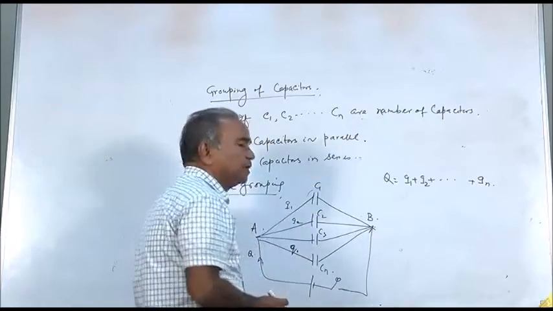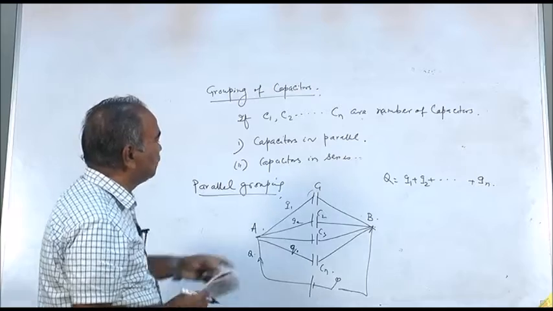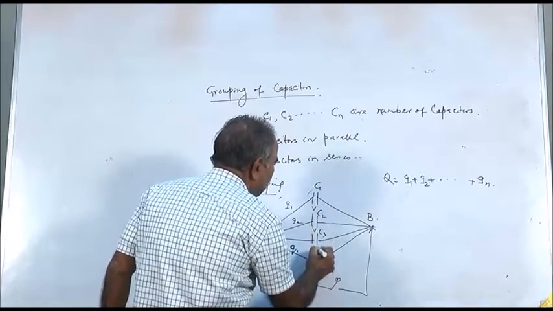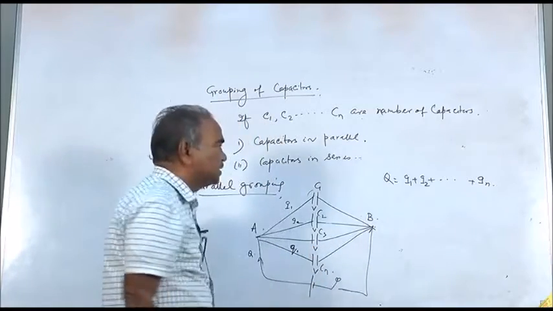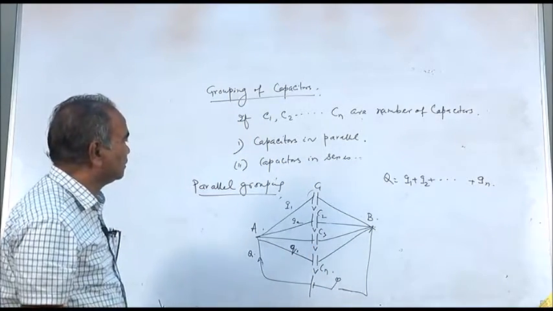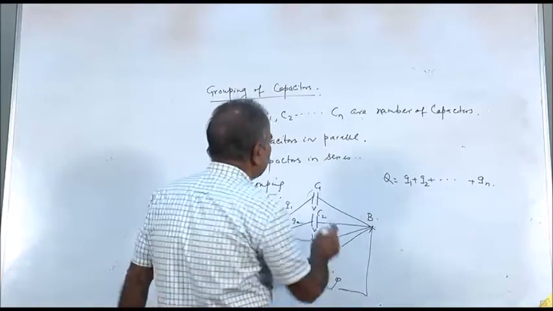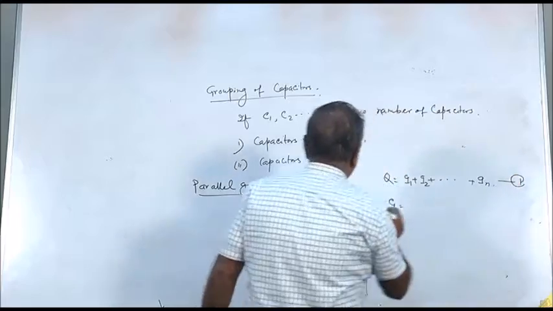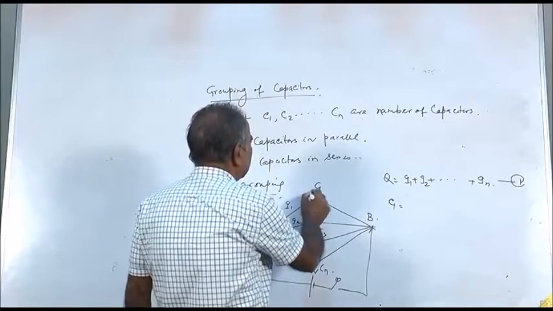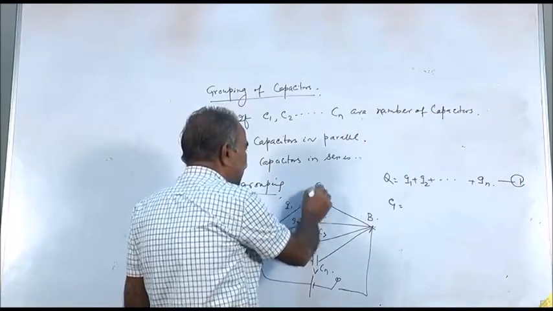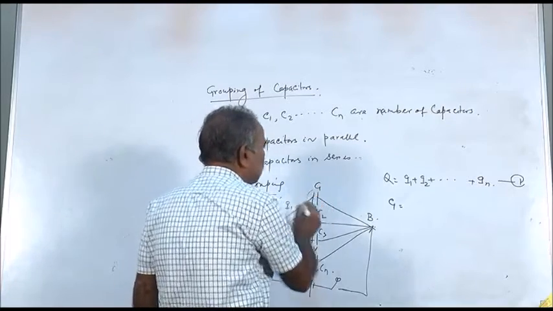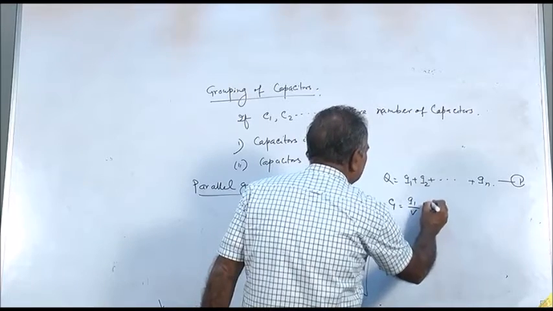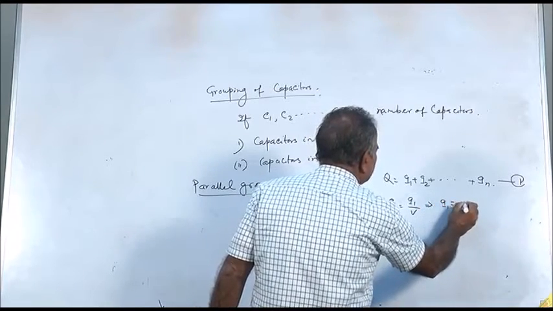Every capacitor has the same potential V. So the capacity C1 is equal to the charge given to this capacitor, Q1, by V, so C1 is equal to Q1 by V, or Q1 is equal to C1V.